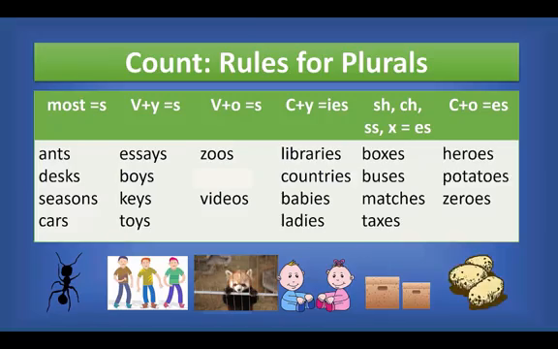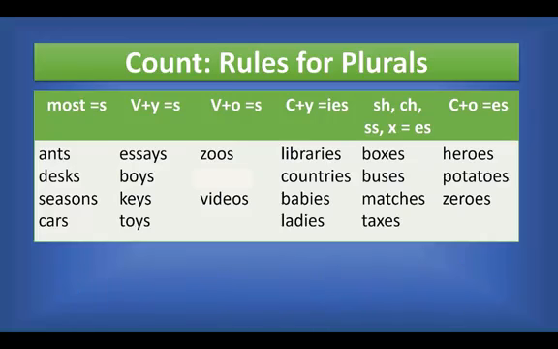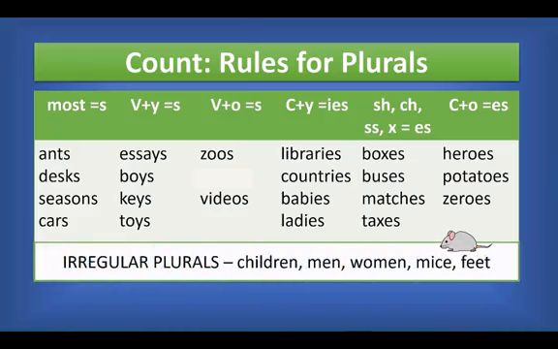Words that end in a consonant and o, we add es, like heroes, potatoes, and zeros. But there are also irregular plural nouns that do not follow these patterns, such as children, men, women, mice, and feet.